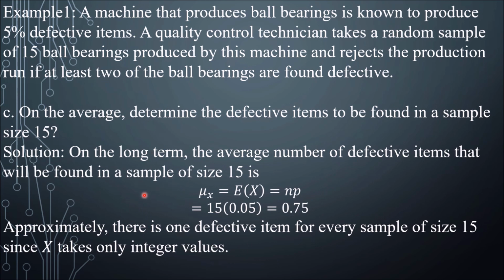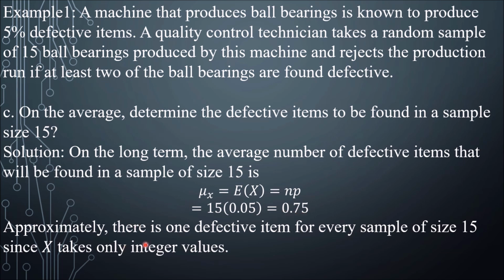Let's have letter C. On the long term, the average number of defective items that will be found in a sample of size 15 is, using this formula, mean is equal to n times p. Since n is 15 and p is 0.05, the mean is equal to 0.75.